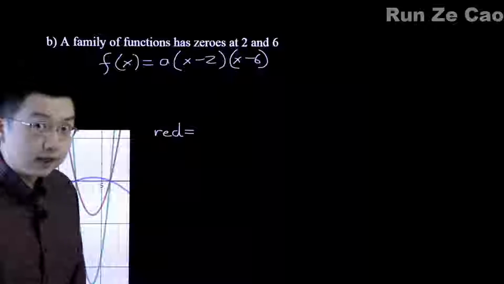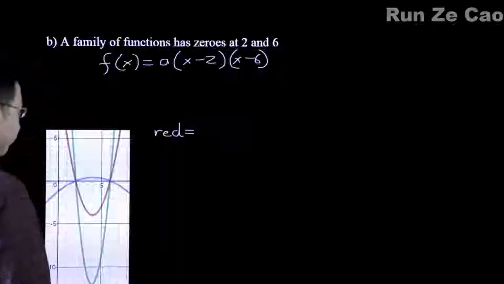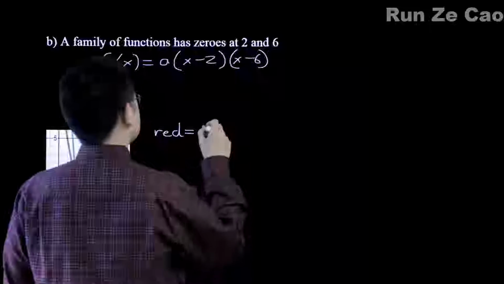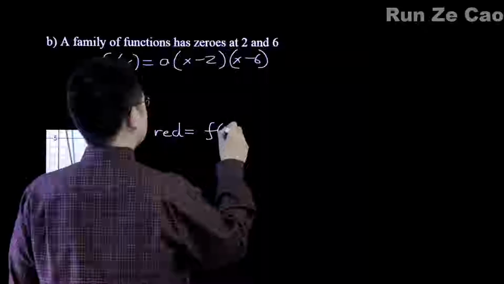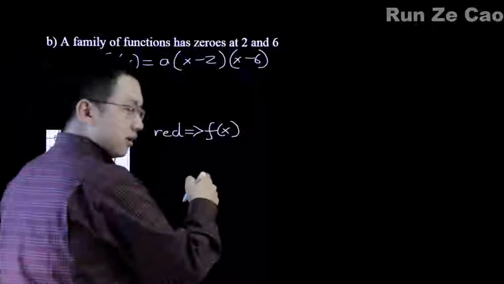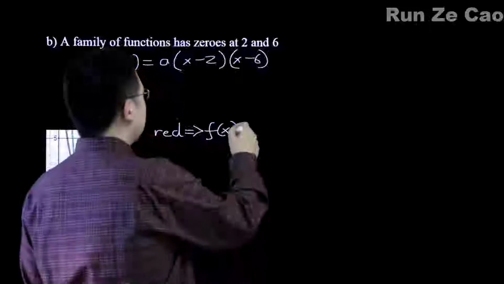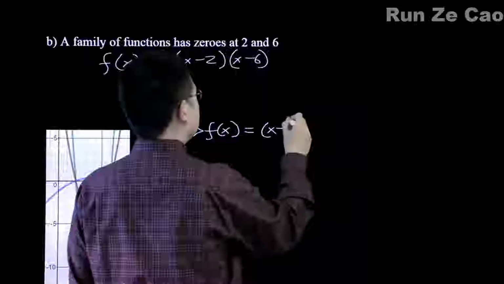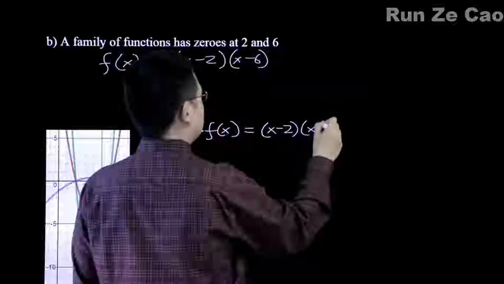Obviously, a must be 1. Well, actually, this should probably be an arrow to indicate that red is f(x) equals (x minus 2)(x minus 6).